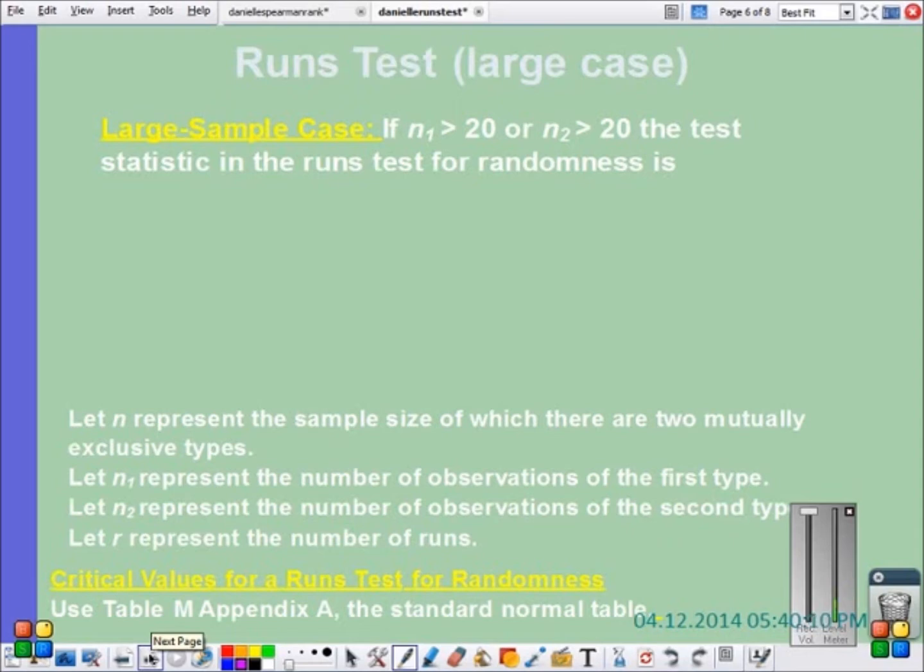Large sample case. If N1 is larger than 20 or N2 is larger than 20, the test statistic in the runs test for randomness is the following formula. We have Z, which is your test statistic, equal to R, which is the number of runs, minus mu, over the standard deviation of the runs.